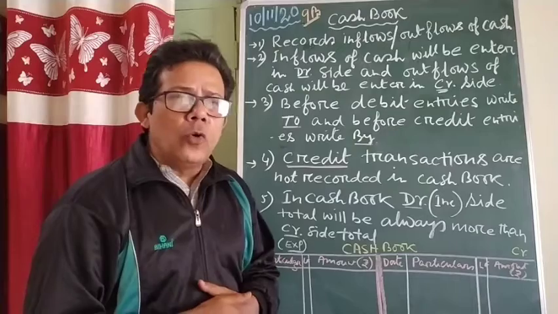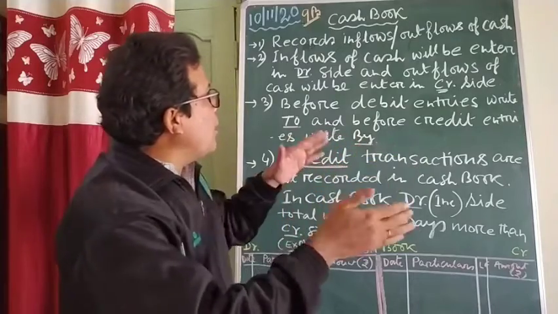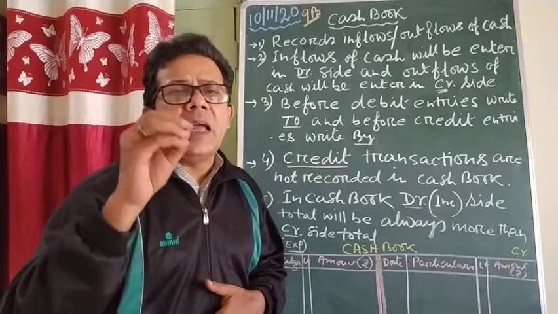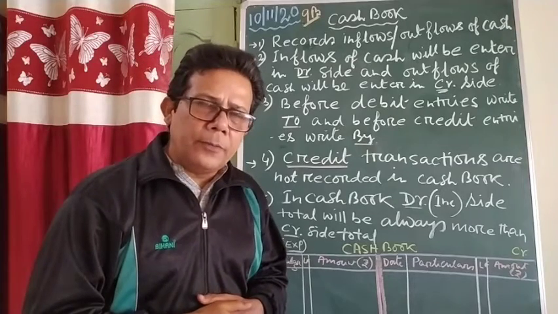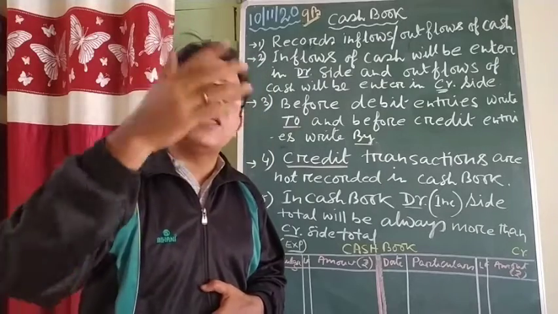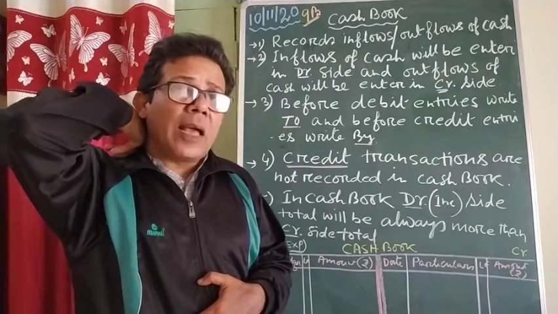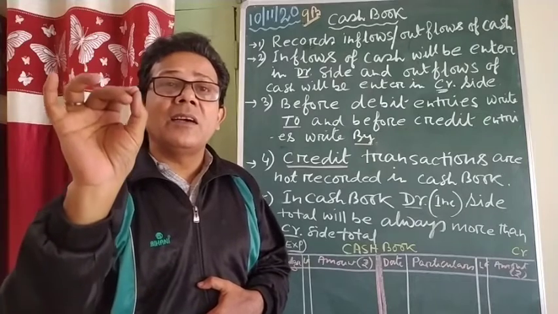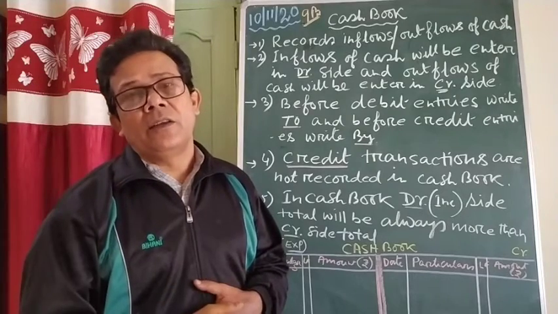And there I told you, all incoming of the cash or inflows of the cash are being entered into the debit side, and all outflows of the cash or any kind of cash payment, जब cash company से बाहर चला जाता है, that is being entered in the credit side.